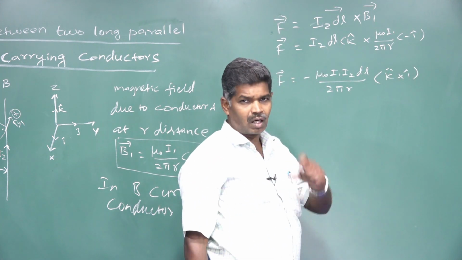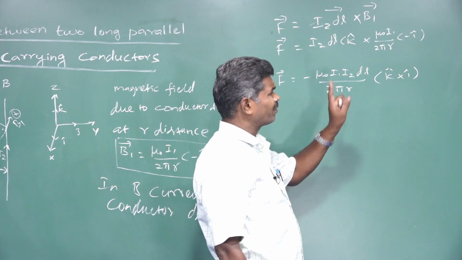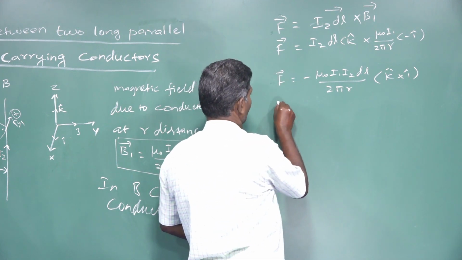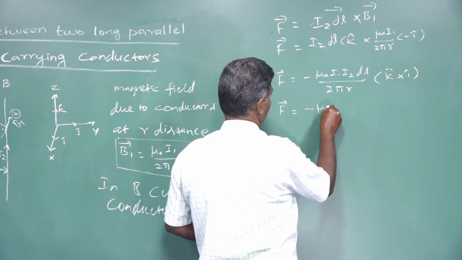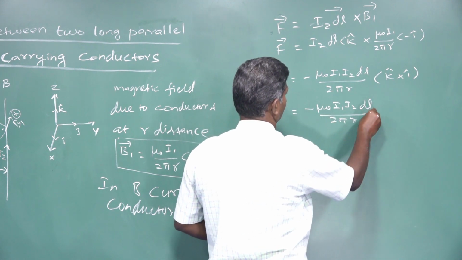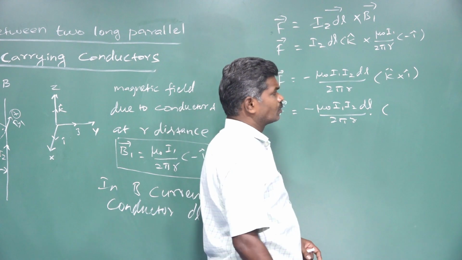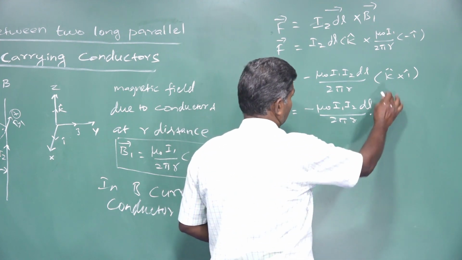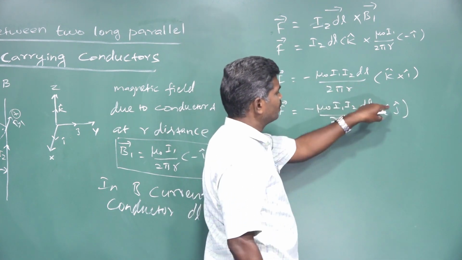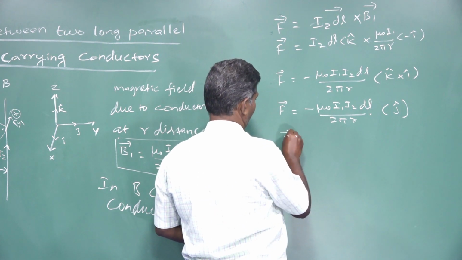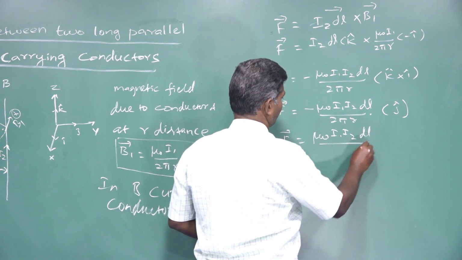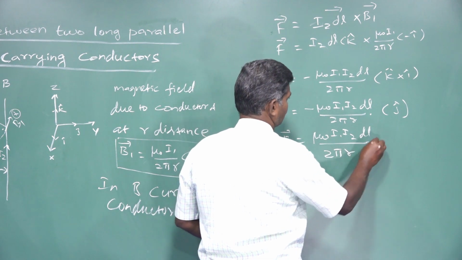According to our cross product rule, k cap cross i cap can be taken as j cap. The negative sign is taken in, so F vector is equal to mu naught I1 I2 dl divided by 2 pi r into minus j cap.